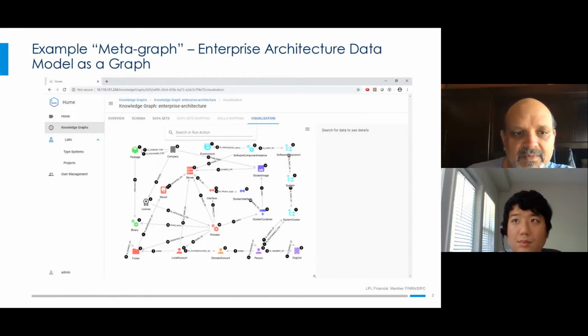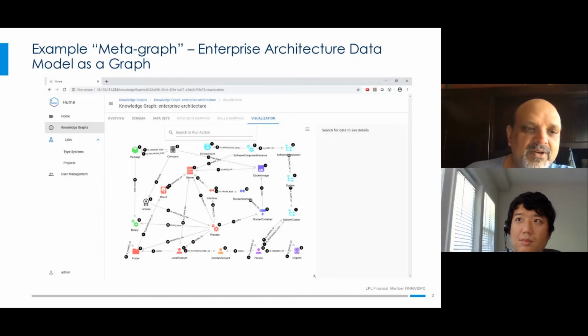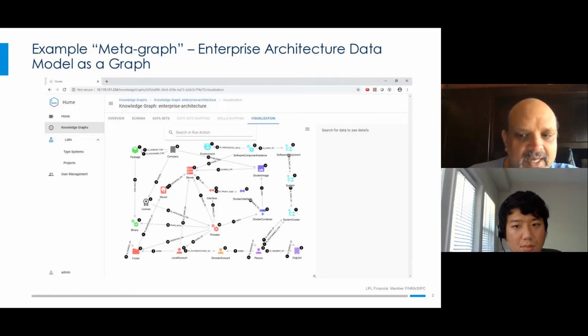What I'm showing on the screen is our enterprise architecture data model rendered out as a graph. And what you can see is the concepts that people are used to that they can share. And instance data would essentially be an is-a relationship against this.